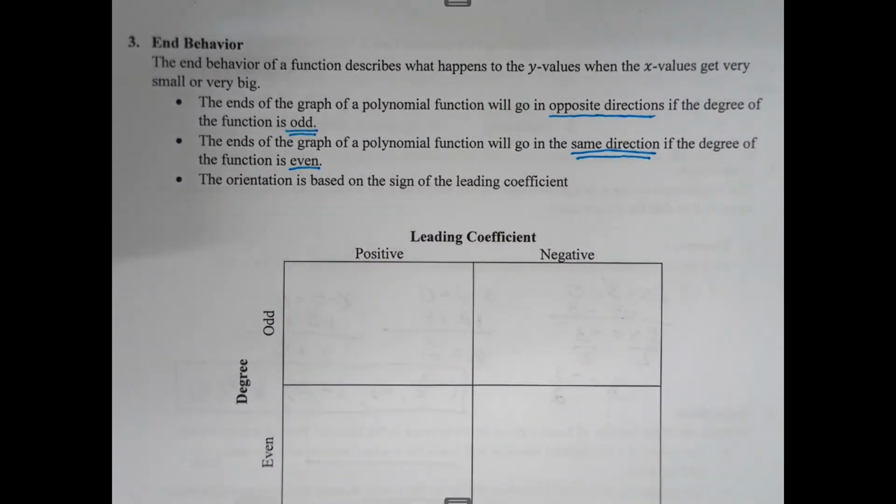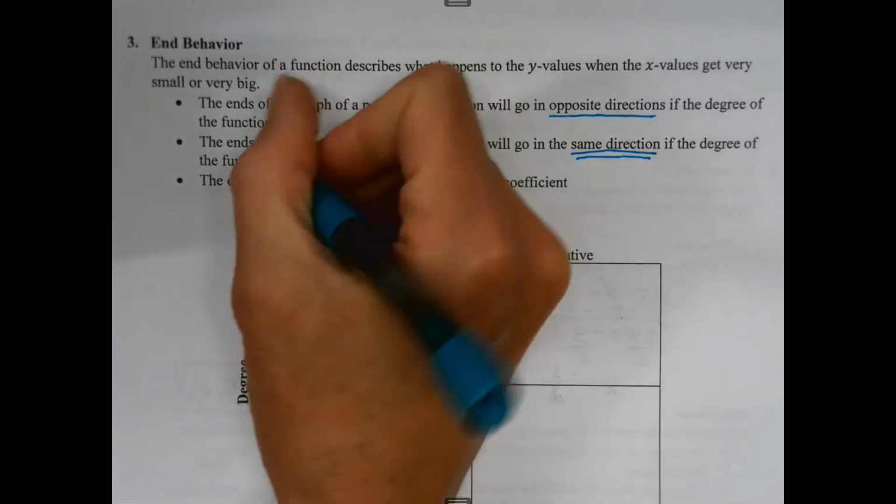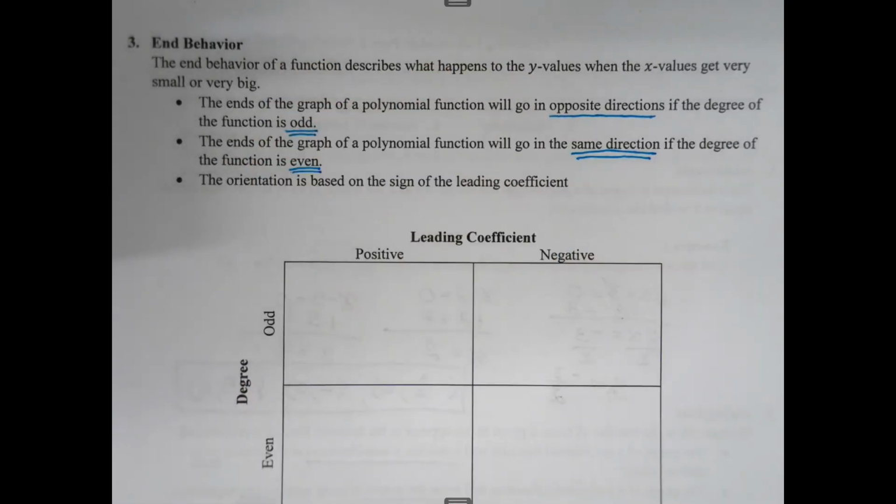Think about it in terms of a linear function versus a parabola. A linear function has a degree of 1. That is an odd degree, and the ends of it go in opposite directions. Whereas a parabola is a quadratic function. It has a degree of 2. It's even, and the ends go in the same direction.